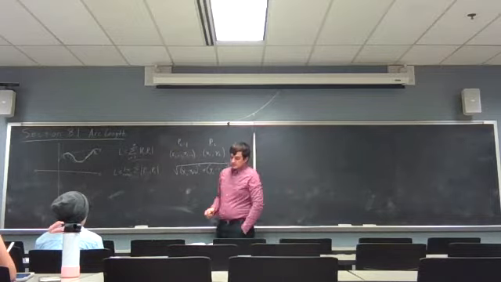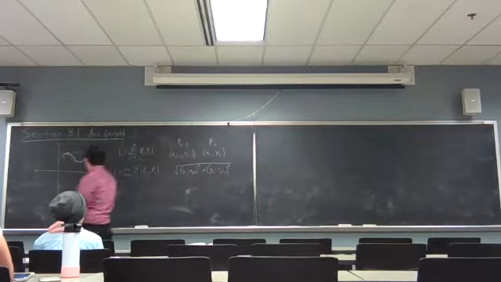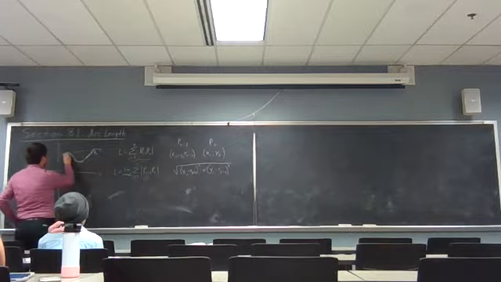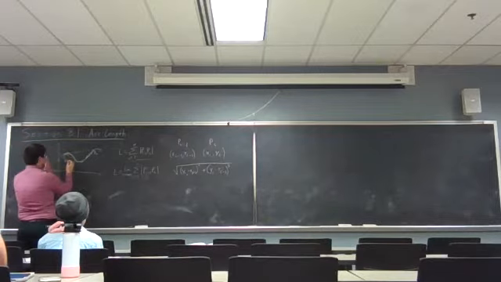Now, let's think about this. Whenever we're picking these points, we kind of want to have them evenly distributed. So we want to say that in each case, the distance between P0 and P1, I want that to be delta x. I want that to be a certain length.